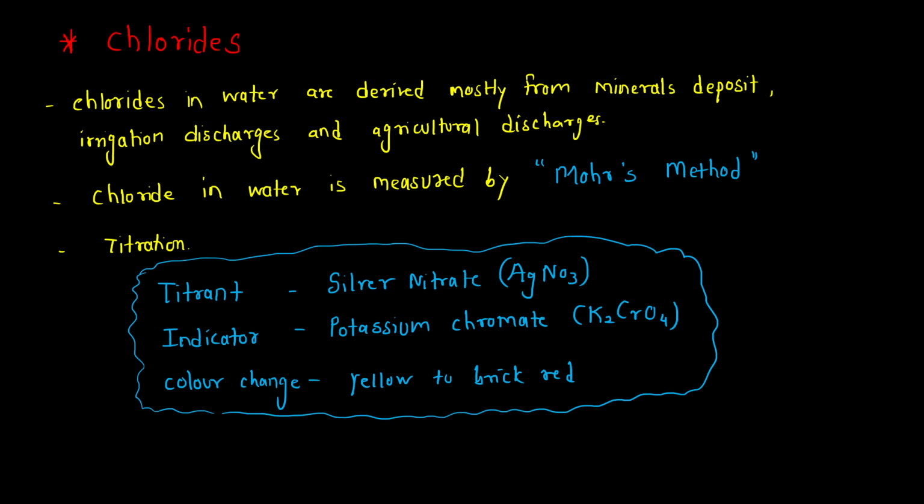Now, one important point that we have to write is, for drinking water purposes, what should be the chloride content? The range of chloride content in drinking water is 200 to 1000 mg per liter. What was the range for hardness?